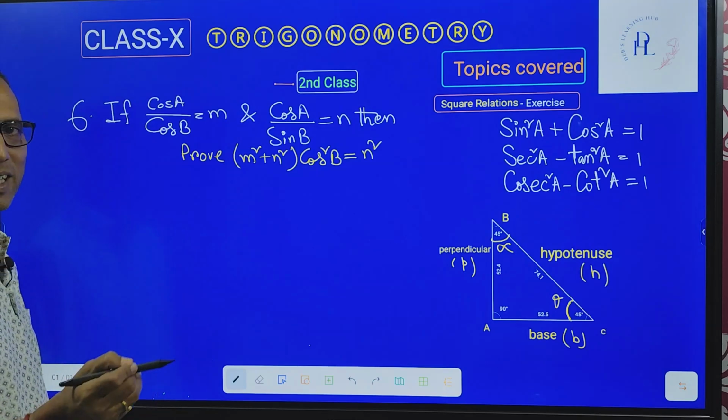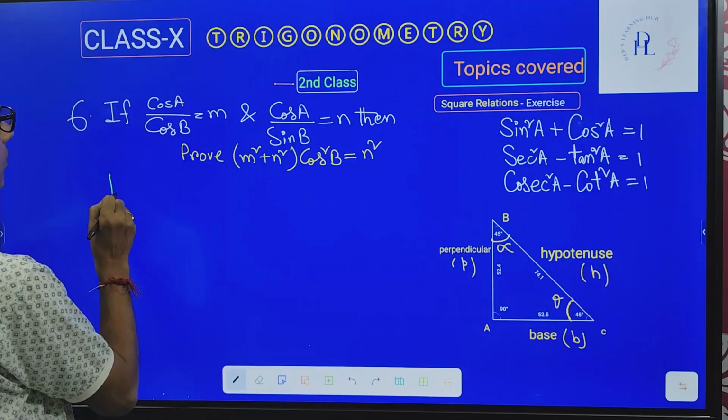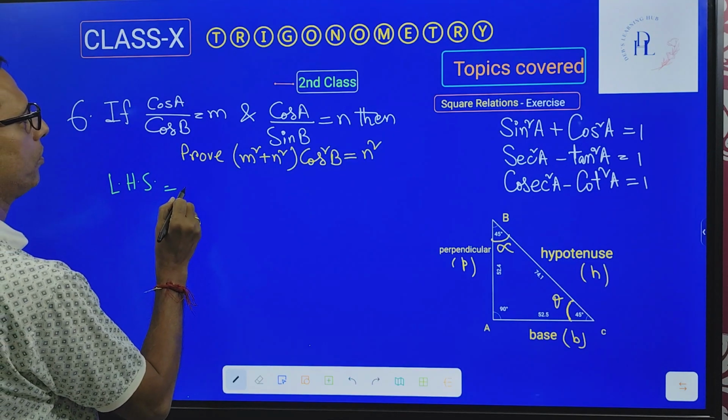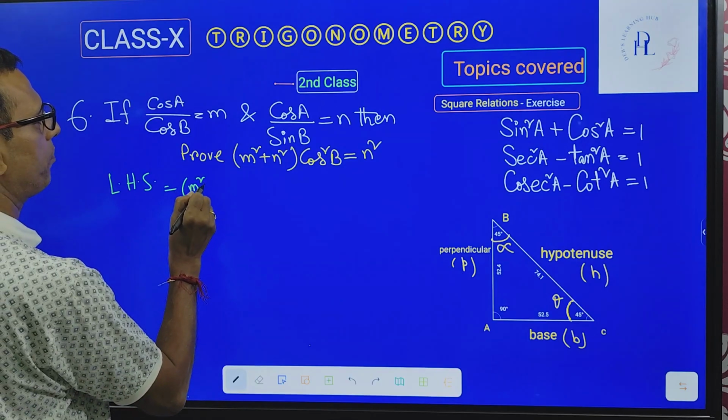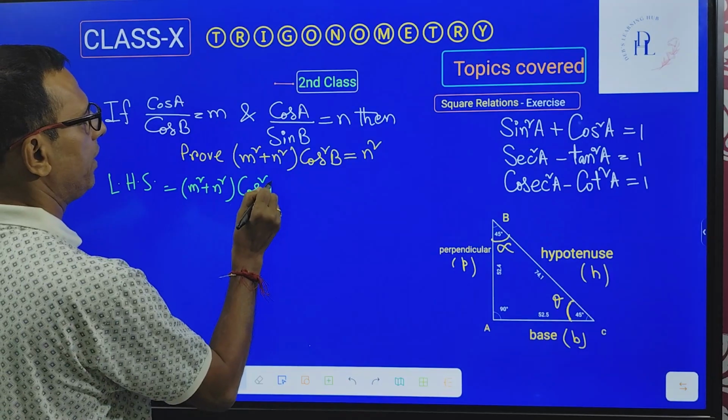Let me write it down once again, right? Okay. Left hand side equals to m square plus n square into cos square b.